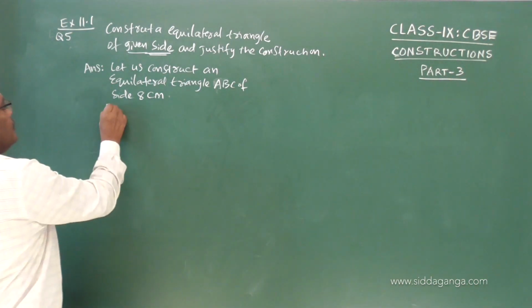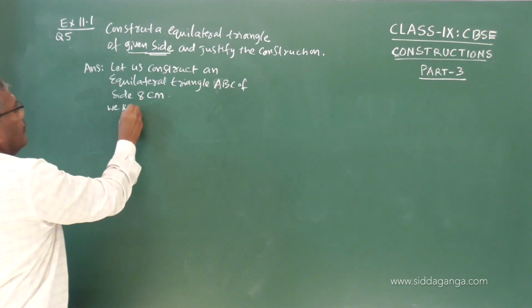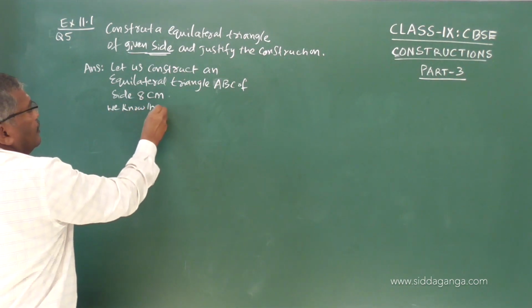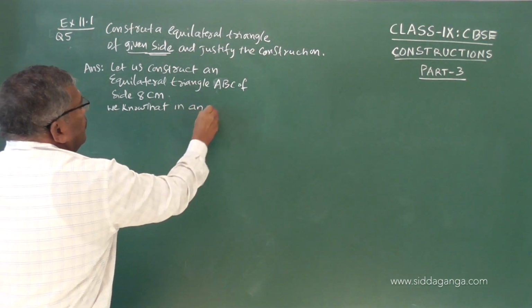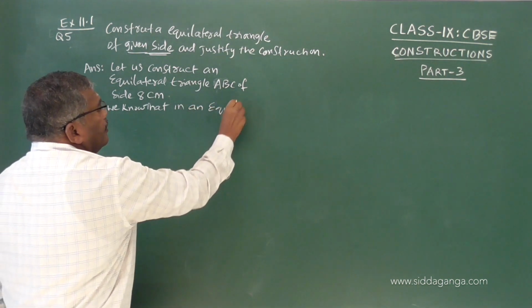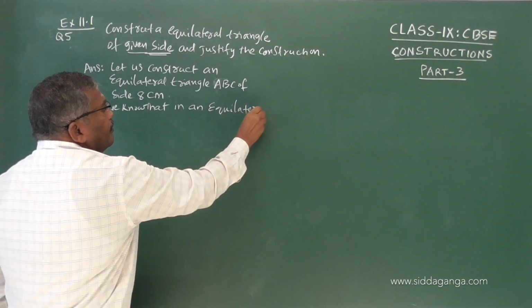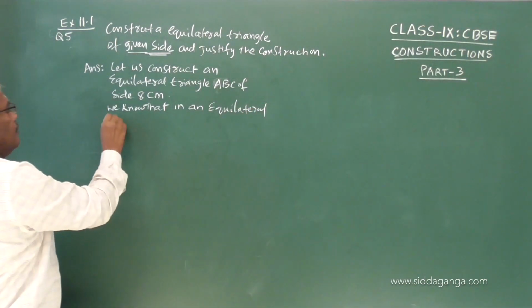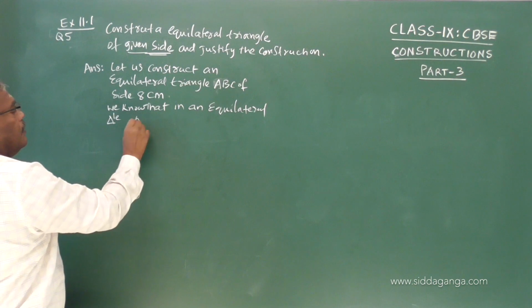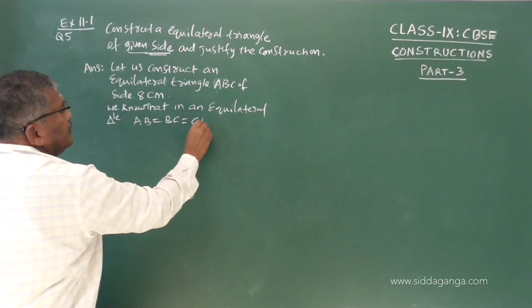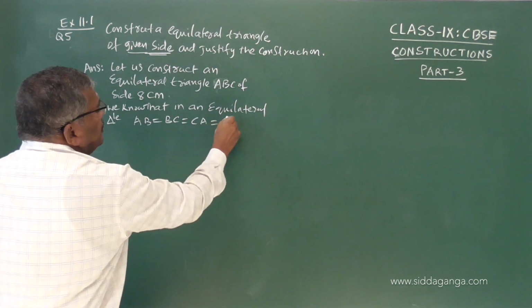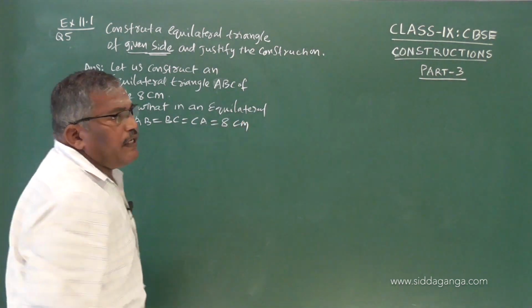So we know that in an equilateral triangle, AB will be equal to BC equal to CA. In this case it is each equal to 8 centimeter.